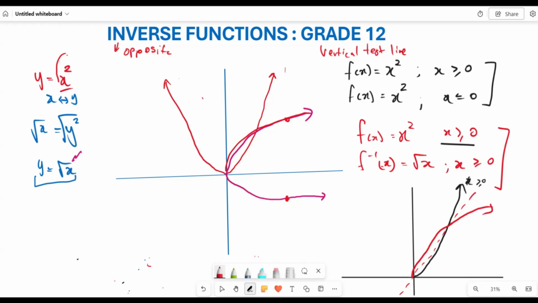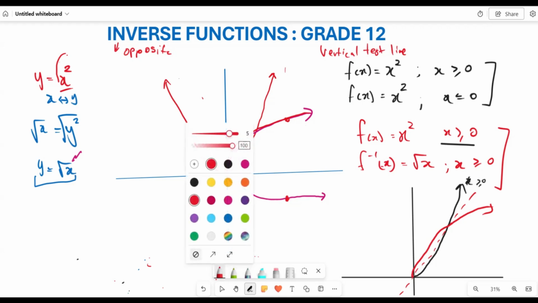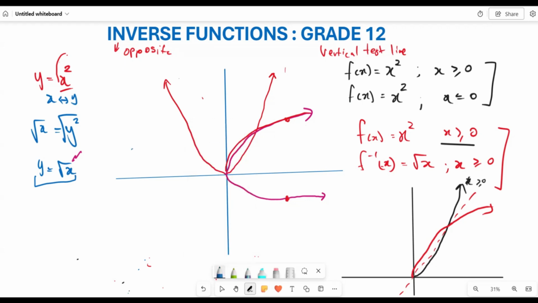Now, if I want to draw where f of x is equal to x squared, where x is less than or equal to 0, or where your inverse function, which is the root of x, has x less than or equal to 0, what are we going to do from here?